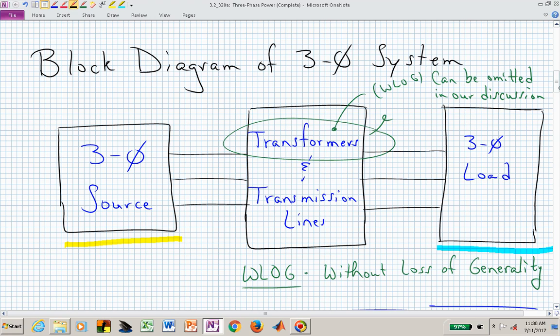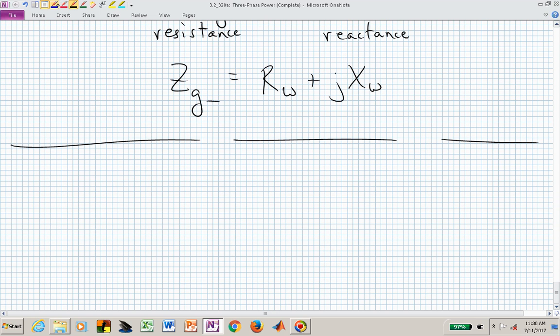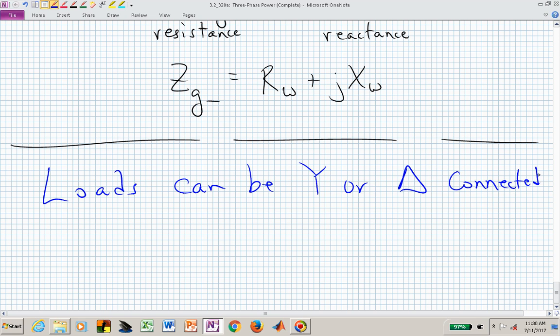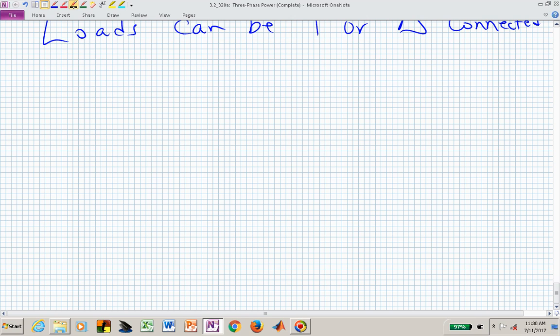Now let's see how we can wire up the load side, and consistent with how we have wired the sources, the loads can also be either wired to be a Y or a delta. If we put them in a delta connection, we'll do that second since I'm saying Y first.